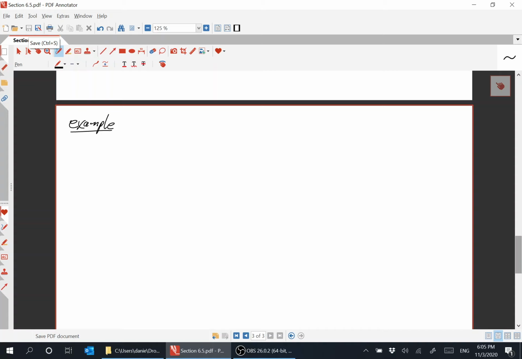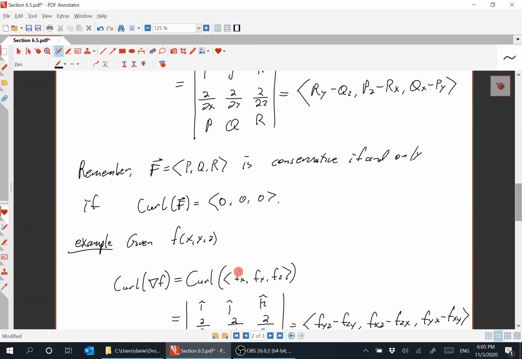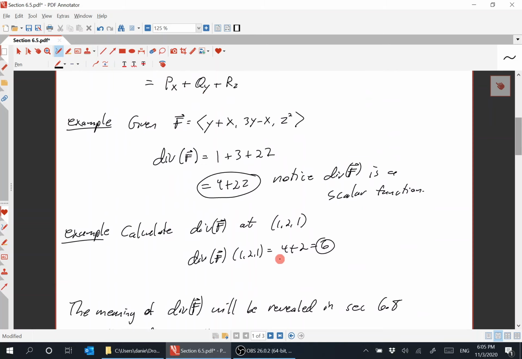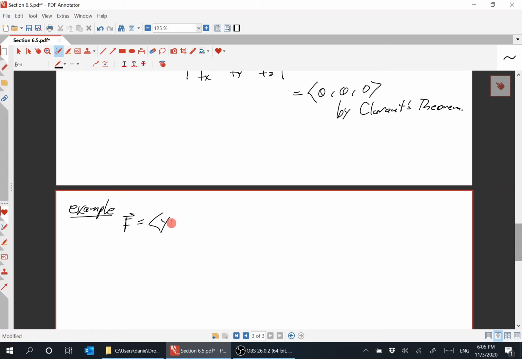Anyway, let's do a quick example. The curl of, aside from that one we just did, we'll say f is equal to, what was that one we were looking at before? y plus x, 3y minus x, and z squared.